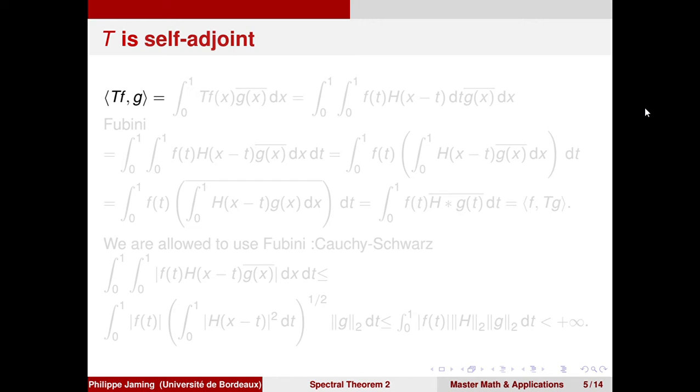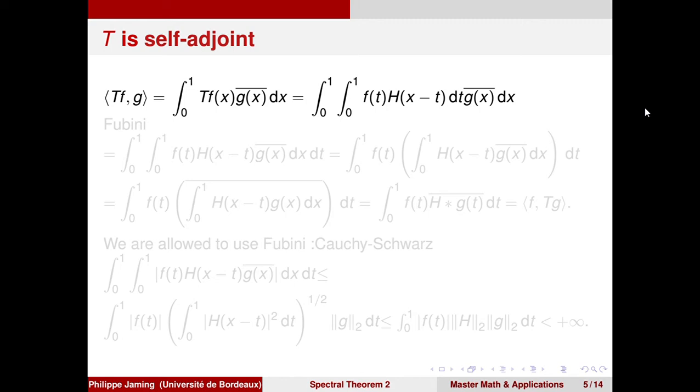So the first thing: are the hypotheses satisfied? T should be self-adjoint. So we have to look at the scalar product of Tf with g, which is the integral of Tf of x, g bar of x, the complex conjugate, which is, once we replace by the definition, the integral from 0 to 1 of the integral from 0 to 1 of f of t, h of x minus t dt, g bar of x dx.